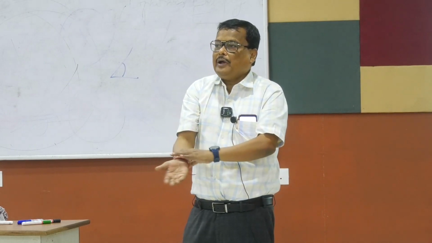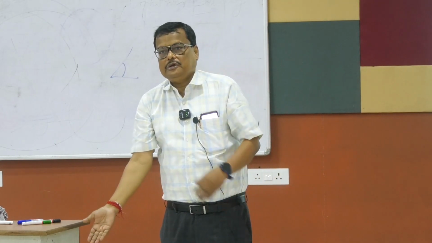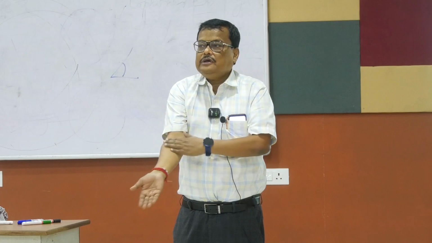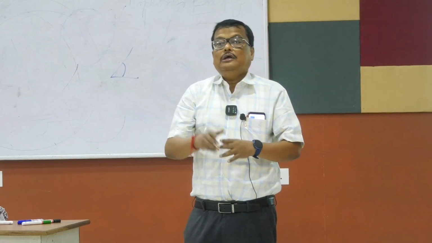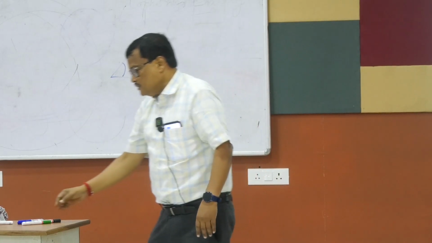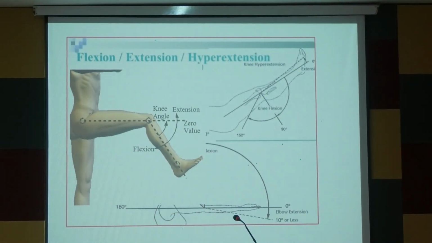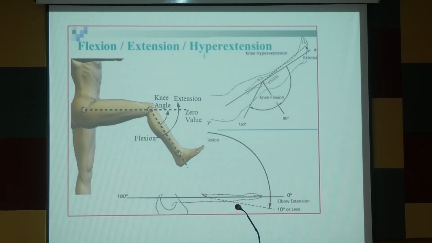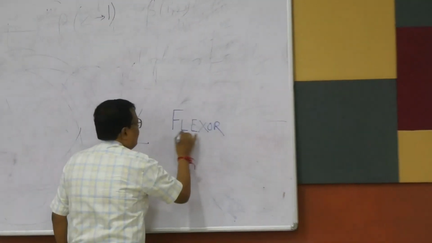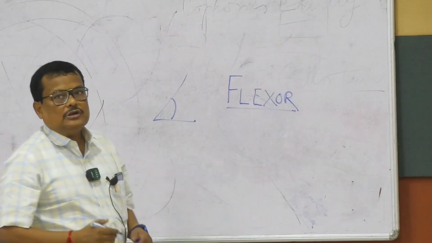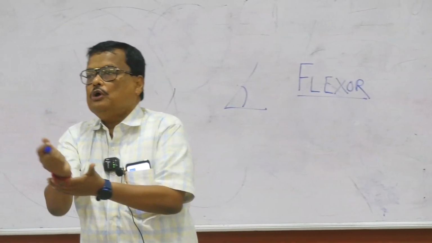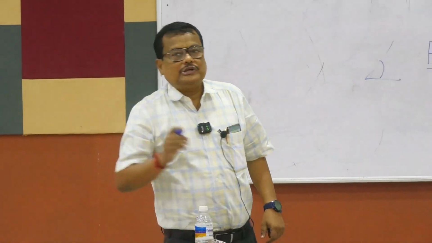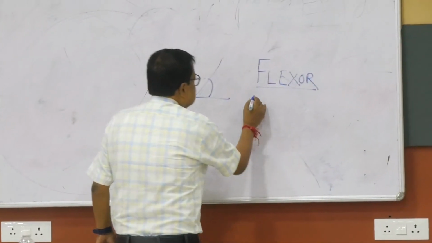In the case of the upper limb or superior extremity, the anterior surface we also call the flexor surface. And the posterior surface we call the extensor surface.